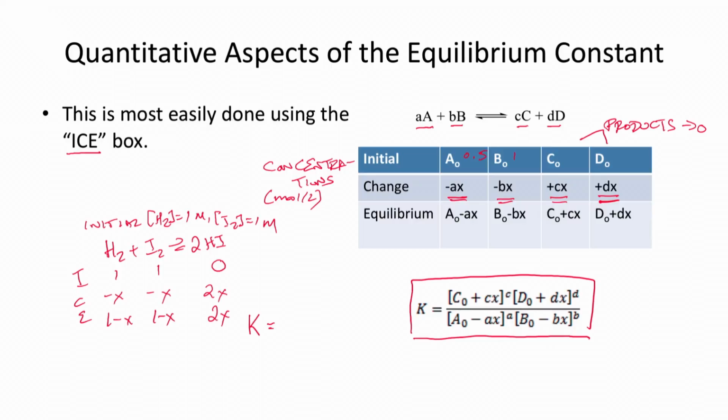Okay, and so for example, in this specific case, the concentration of HI is 2x. So I have the quantity 2x, and then I square it because of the 2 as my coefficient. And then for the H2, I have 1 minus x. And for my I2, I also have 1 minus x. So that becomes my expression for the equilibrium constant K.